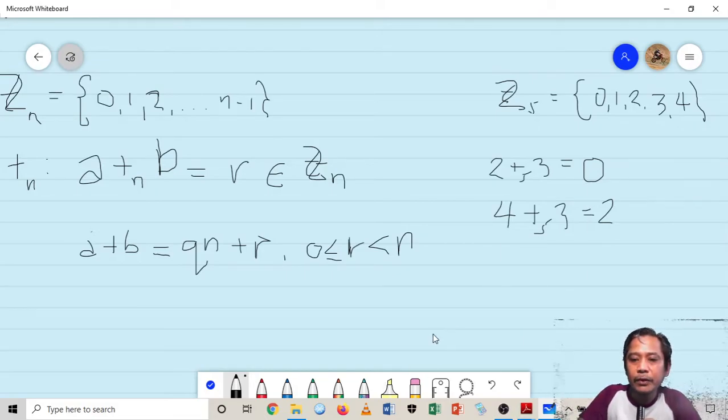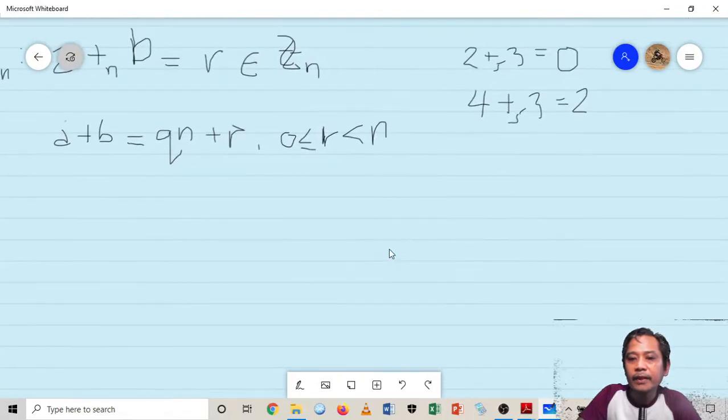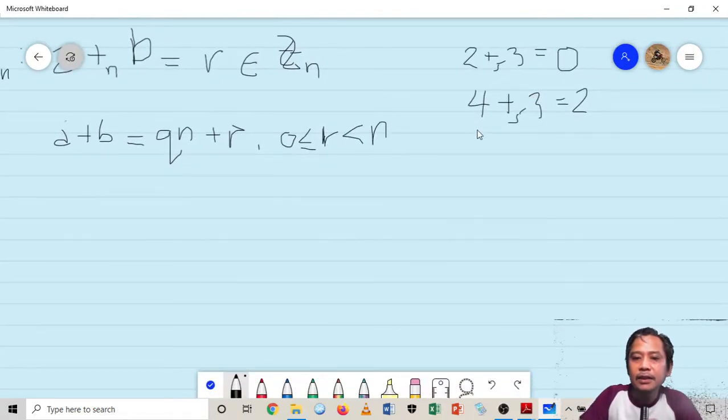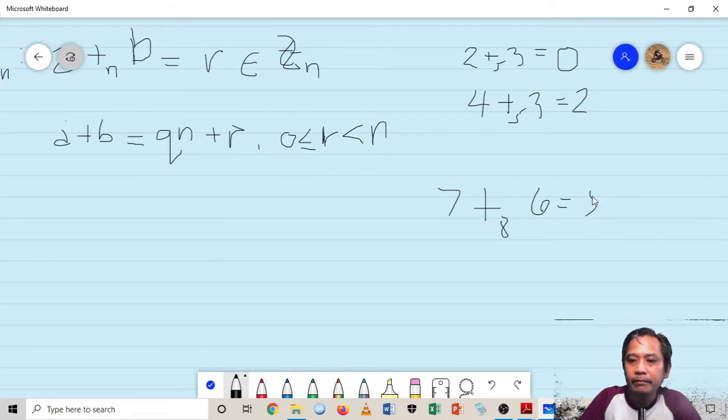In other words, if we have 7 plus 6 modulo 8, this would be equal to 5.